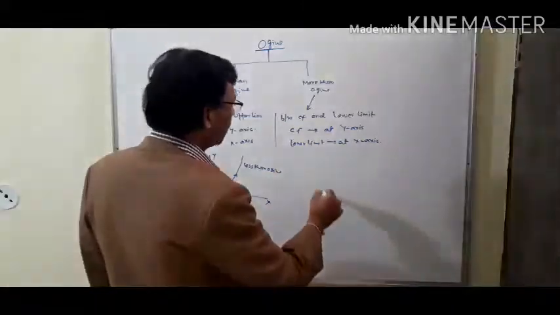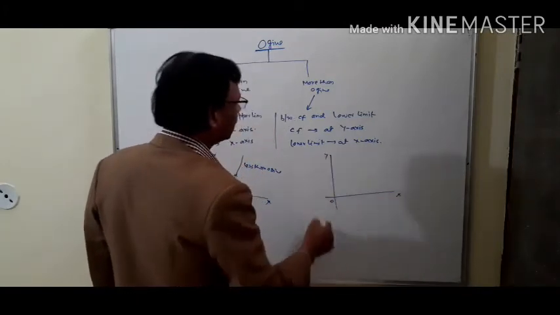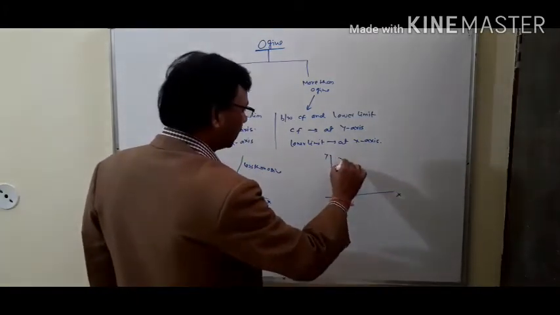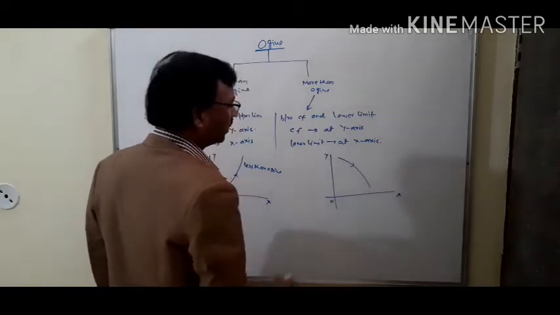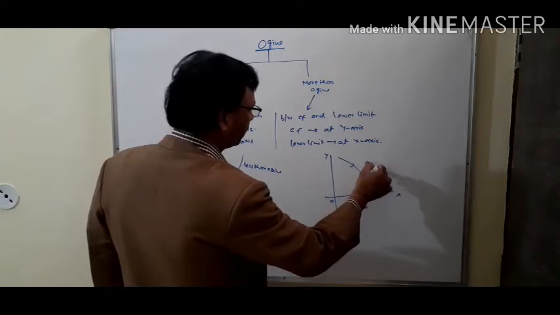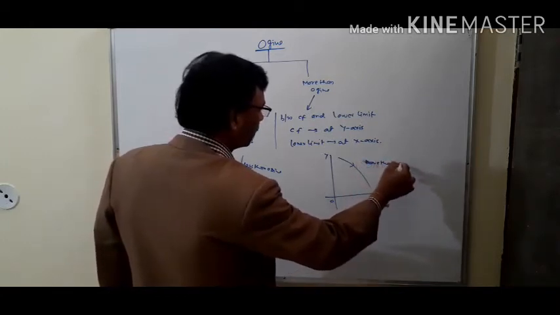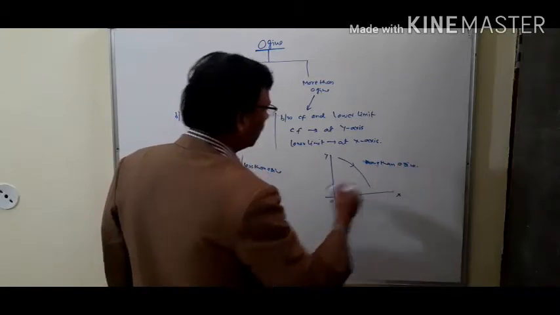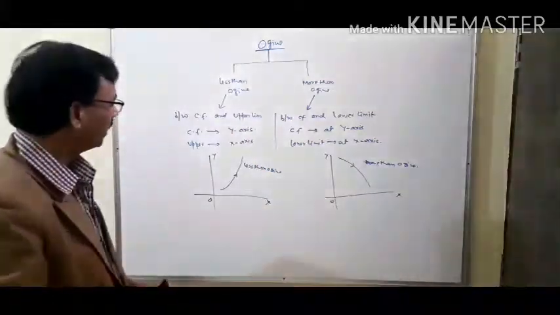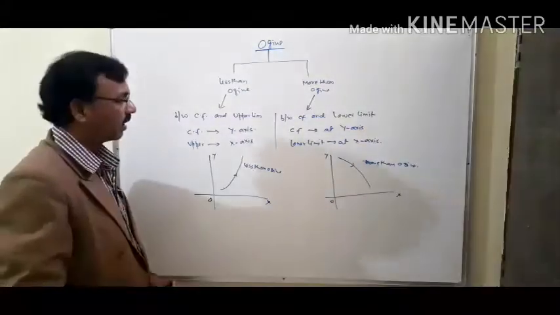While in the more than ogive, the graph will always go from upward to downward. This will be the more than ogive.